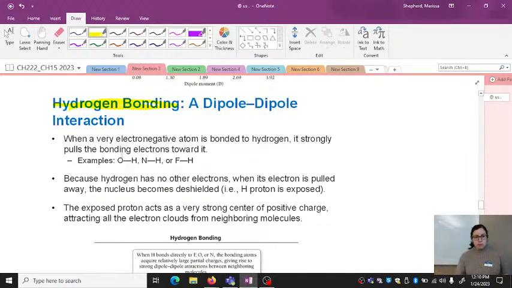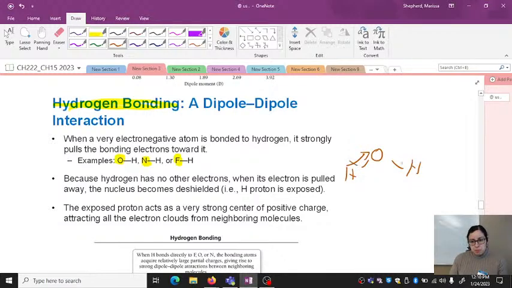And this is only when it's bonded to oxygen, nitrogen, or fluorine. We mentioned this earlier, but again, here's what's going on. Hydrogen only has one electron. And so when this electron is, of course, pulled away, such as in water, so now we're back to water.